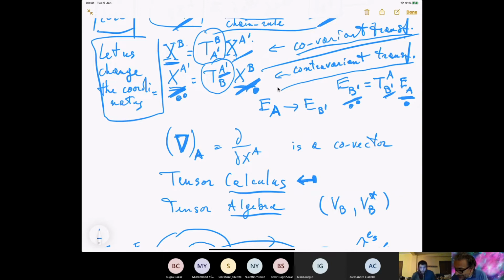Now, maybe you understand one of the reasons for which the notation upper lower index is so consistent. Because you have a contravariant variable, up index. You calculate the partial derivative with respect to the contravariant component, and what you get, a low index, covariant.